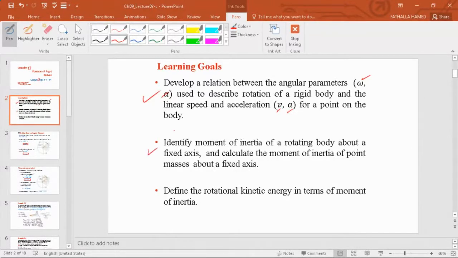The second learning goal: identify the moment of inertia of a rotating body about a fixed axis and calculate the moment of inertia of point masses about a fixed axis. And the third objective: define the rotational kinetic energy in terms of moment of inertia.